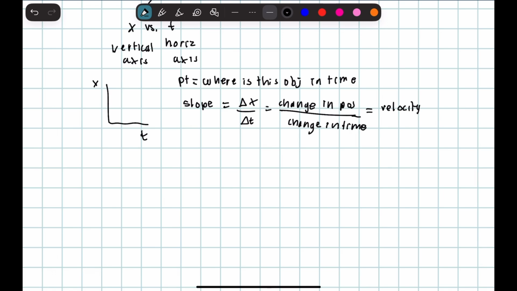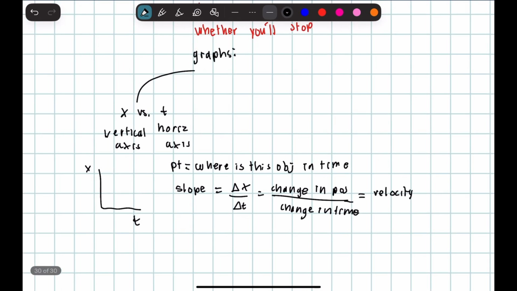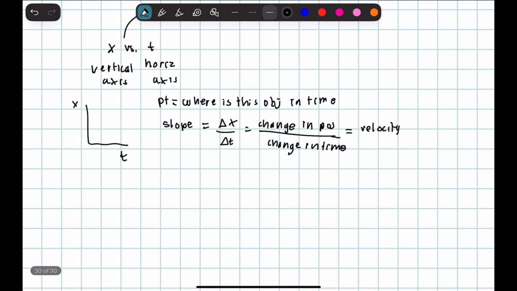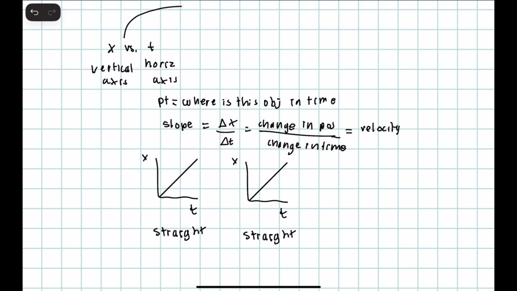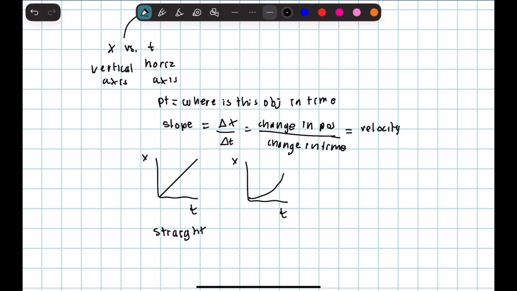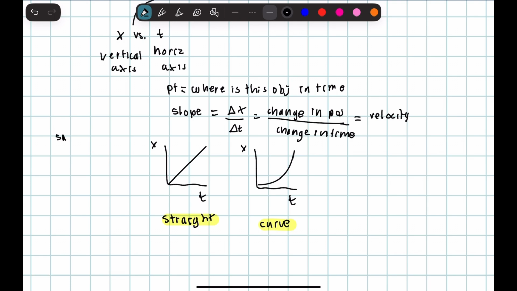Now, let's talk about what each of these shapes means. On a position time graph, you can have a straight line, or you can have a curved line. What does each mean? Your straight line has the same slope everywhere, because it's changing at a constant rate.